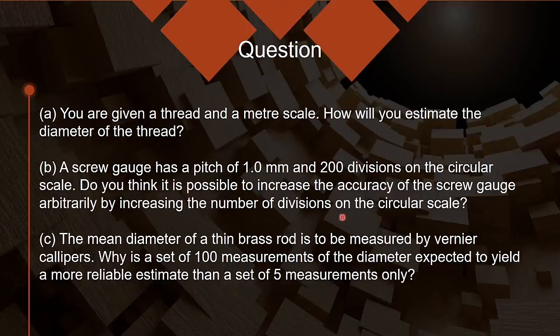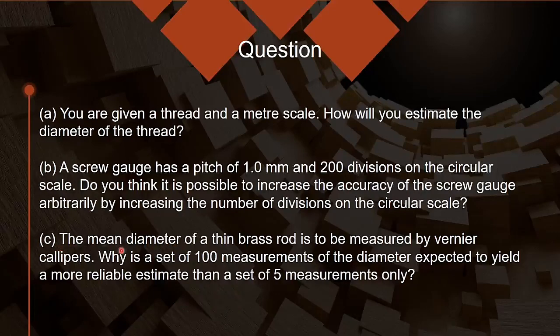Yes, of course, we can increase. But if you increase beyond this 200, then technically it will be very difficult to take the reading. So you have to write both prospects in this answer: that of course accuracy will increase, but we will not be able to measure very comfortably.